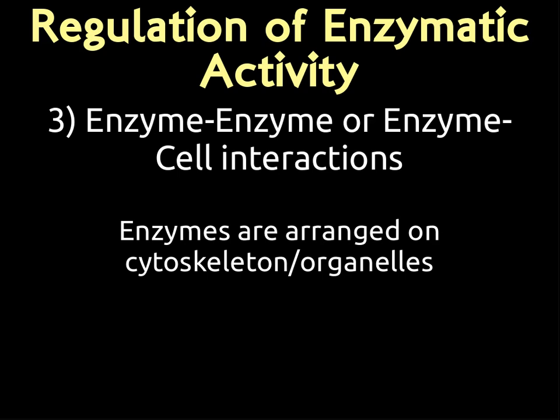By having this chain of events, these pathways in which we go product to substrate to product to substrate, and having all of these enzymes physically arranged near each other, we can somewhat artificially increase the rate at which they're going to be operating.